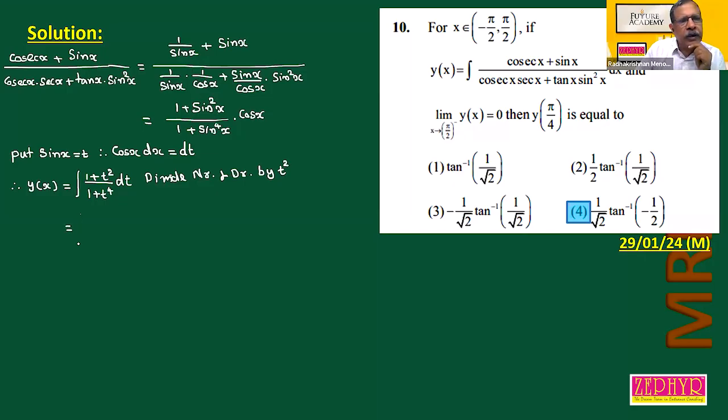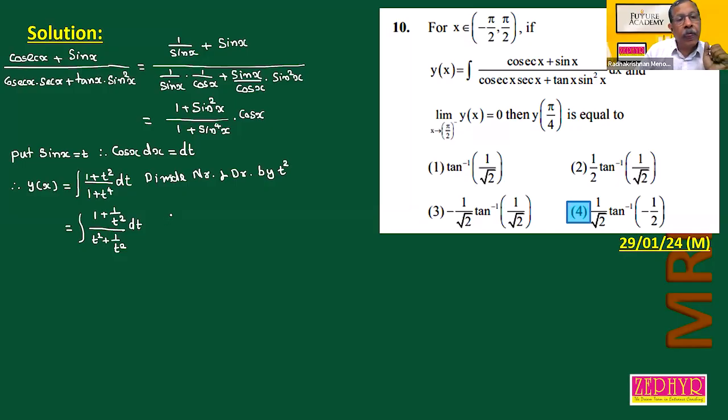So you have the integral with numerator 1 plus 1 by t squared and denominator t squared plus 1 by t squared, dt. Now, the numerator is the derivative of what? The numerator is the derivative of t minus 1 by t.